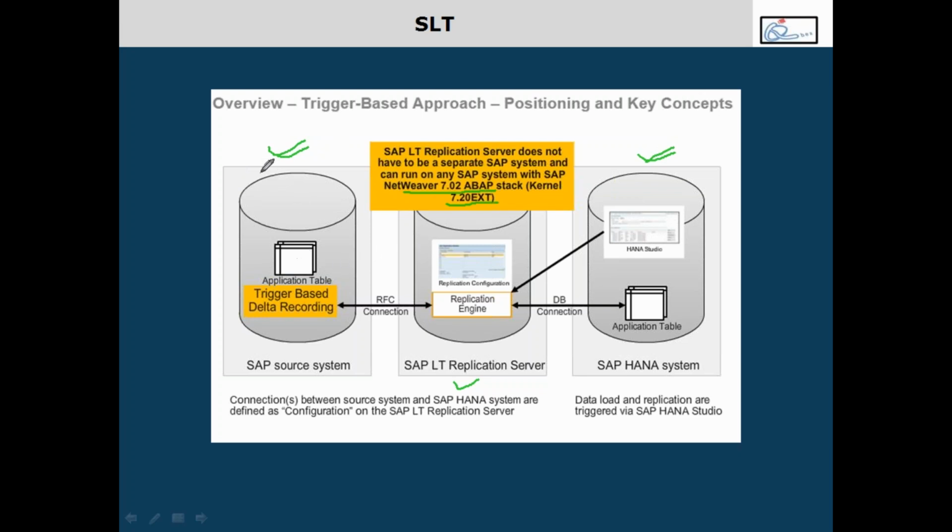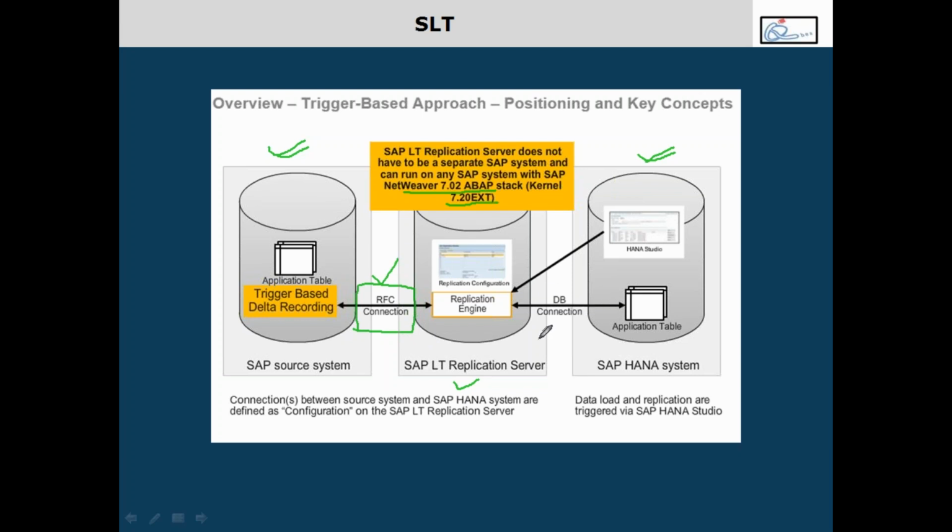If these three are available, the SAP source, HANA, and the SLT server, in order to connect them and initiate the data loading, your SAP source and SLT will be connected through an RFC connection. Since the SAP source system and SLT are both SAP servers based on ABAP stack, they understand RFCs, remote function calls.